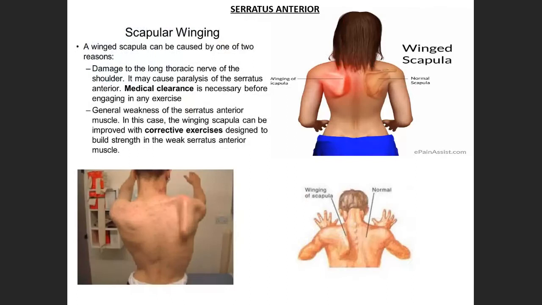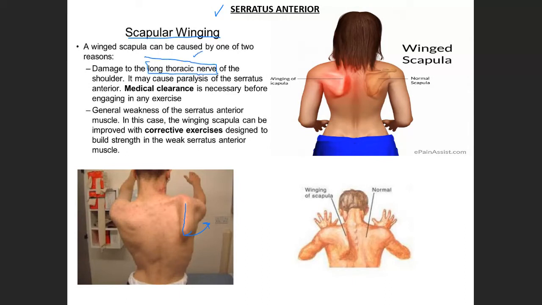Okay. So a condition we have to know about associated with the serratus anterior muscle is called scapular winging. What does that mean? You could see the image. Somebody puts their arms, flexes them up to 90 degrees, or even does a push-up against the wall, the scapula is going to pop out or wing out. What's going to cause that is a paralysis or an injury to the nerve, which is the long thoracic nerve.